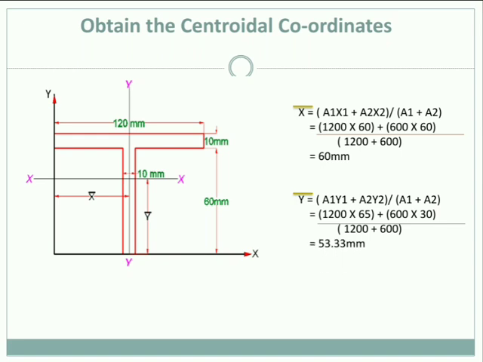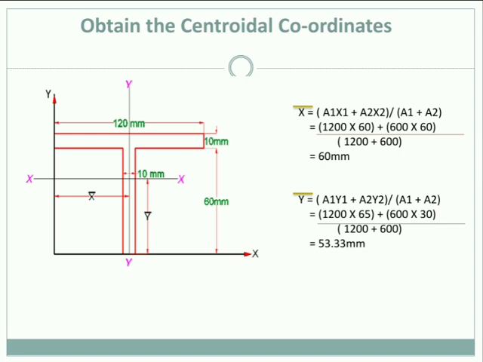That means our centroid lies at a distance of 60, that is x bar, and y bar, that is the vertical distance, we get as 53.33, which we can plot very easily.